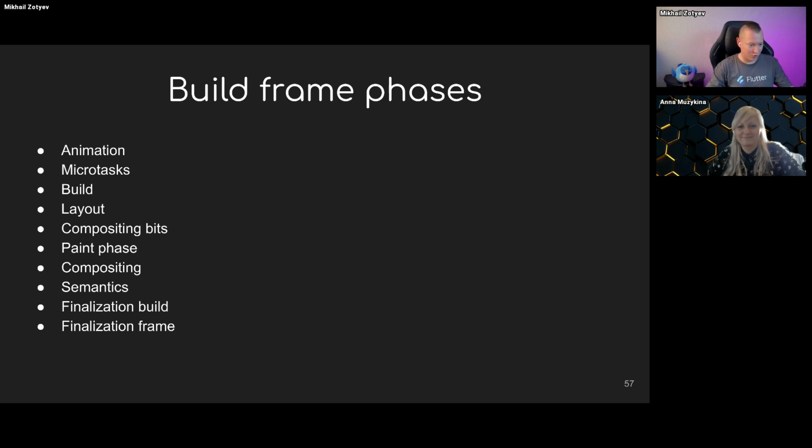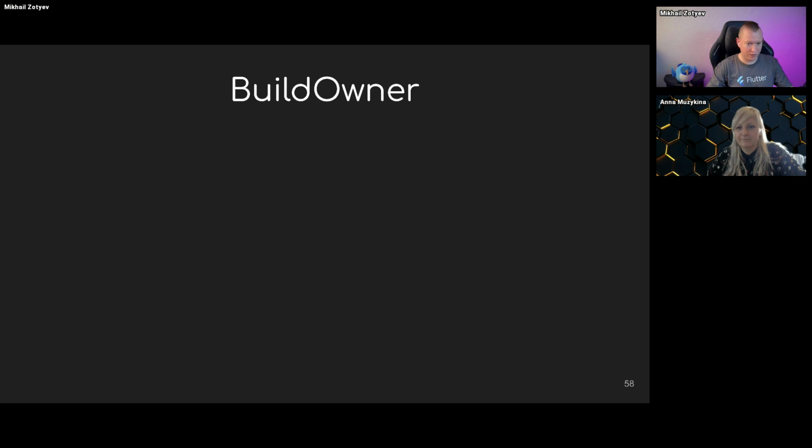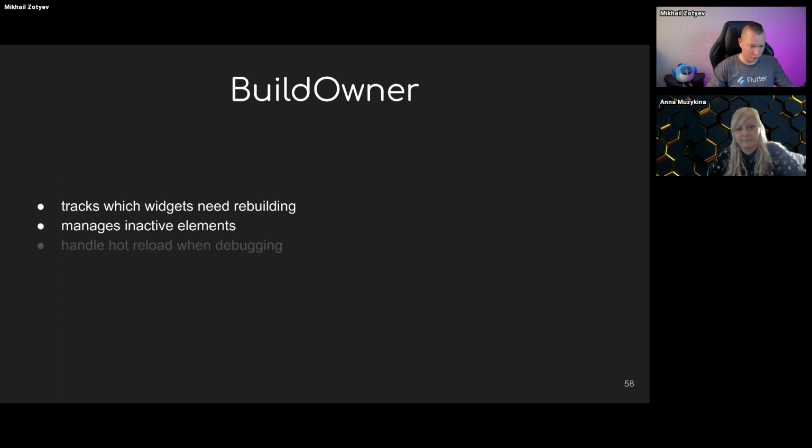And a few of those steps, like build and finalization of build, are controlled by the build owner. Build owner tracks what needs to be rebuilt. It manages inactive elements which were removed. It handles hot reload.